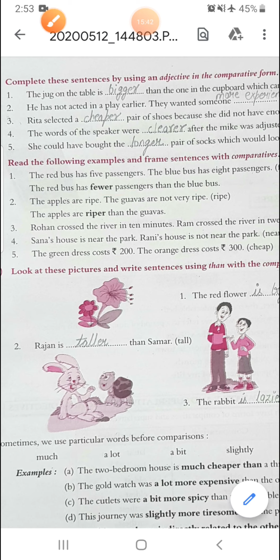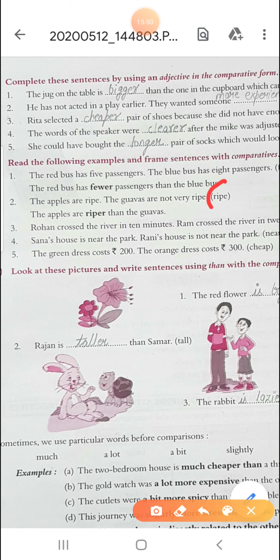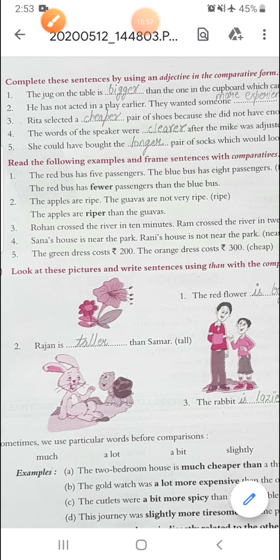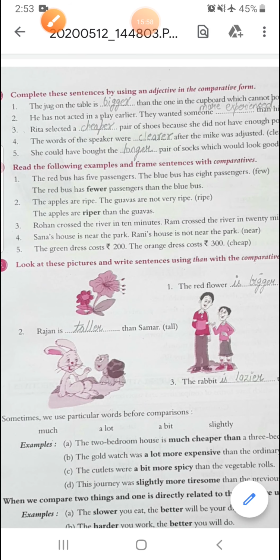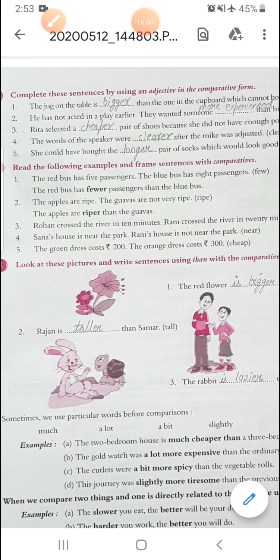Is it clear? See the second one. The apples are ripe, the guavas are not very ripe, and we have to use the comparative form of this word, ripe. So it becomes riper. So the apples are riper than the guavas. This is clear. Then see the third one. What will it become?